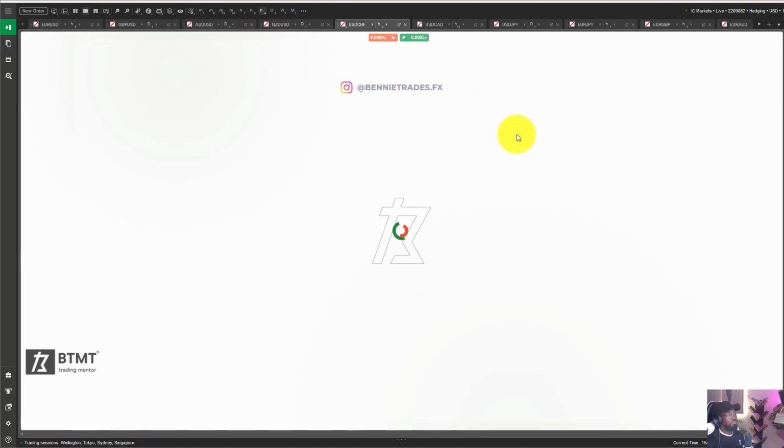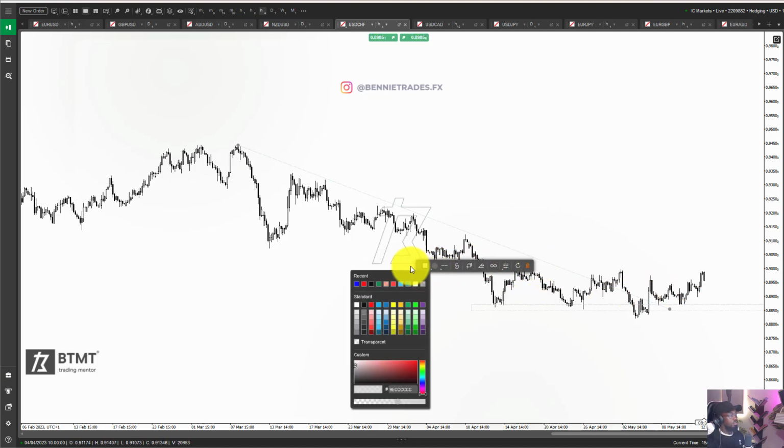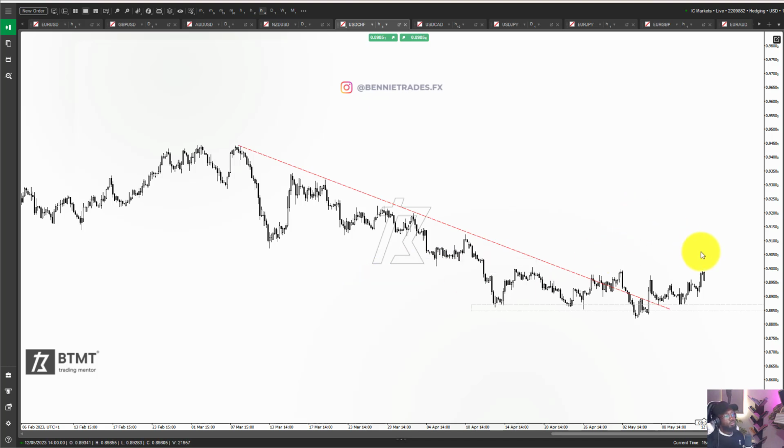If I dial down to the H4 time frame, you can clearly see that the downtrend has been taken out. Downtrend is taken out, and traders are hoping that this range will eventually turn into an uptrend.